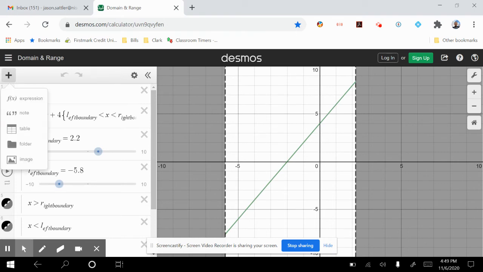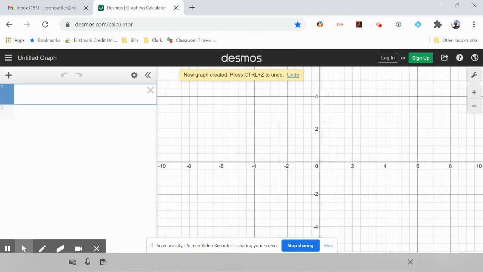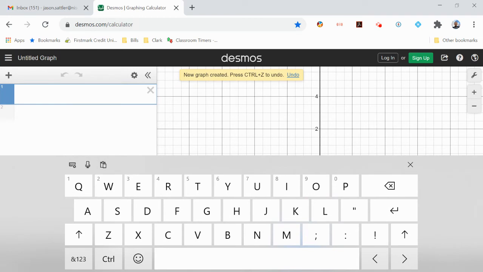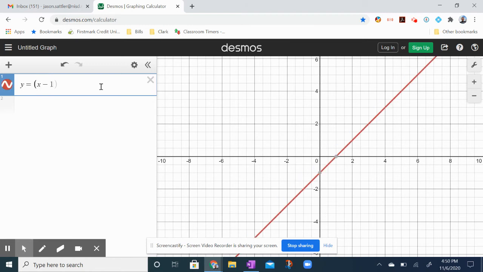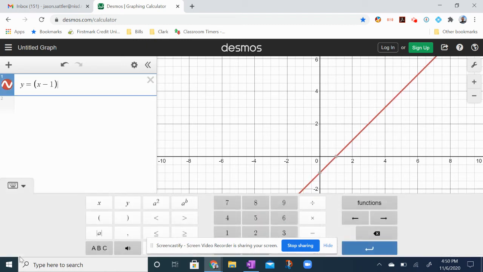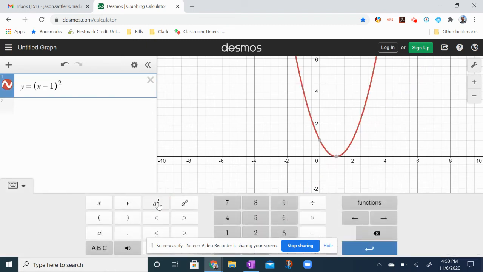So let's do a blank one. Okay, so when I use Desmos here, I can graph what we just did in our example. So we had y equals x minus 1, right? And we want to square it. And where we see the square is right here. There's a squared here. There we go.